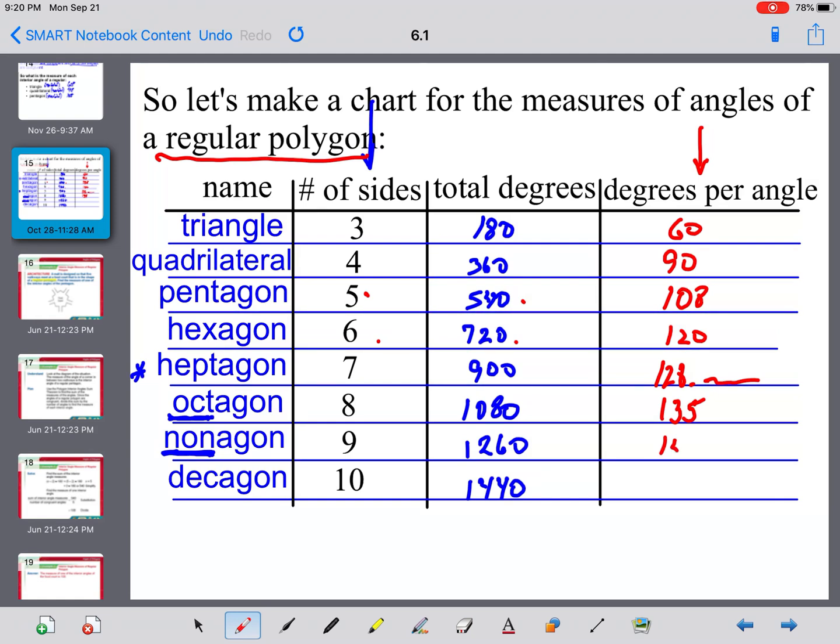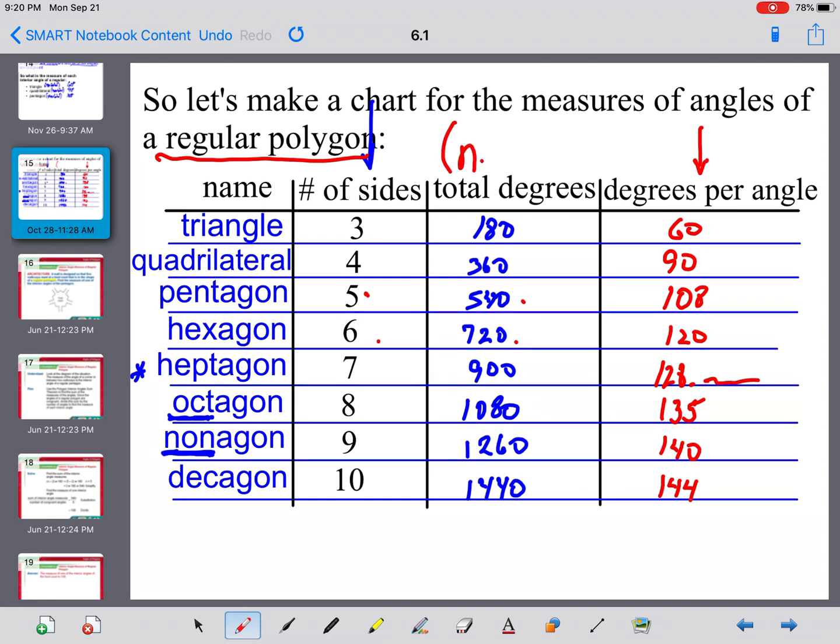And the 1260 divided by 9 is 140, and the 1440 divided by 10, that's an easy one, is 144. So I don't have to memorize those because they're really easy to generate for myself. And if I had this table, I'd just be able to look at it.